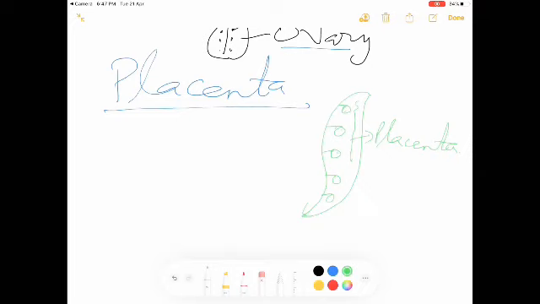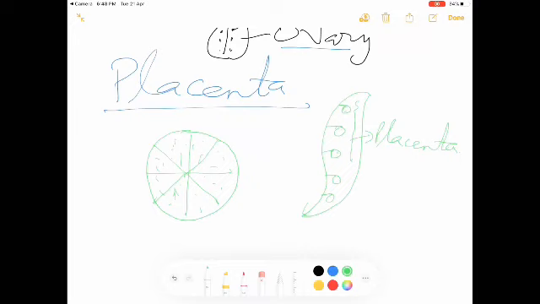So the definition is: the cushion and swollen region in the ovary attaching the ovules to the wall of the ovary is called placenta. You can see it in other fruits also. For example, in tomato, lots of seeds are embedded in different partitions, and a pulpy substance is present.